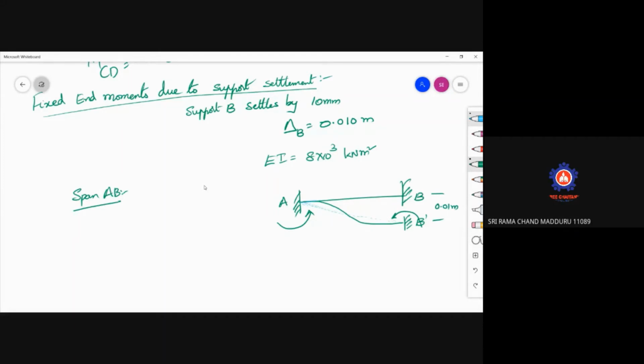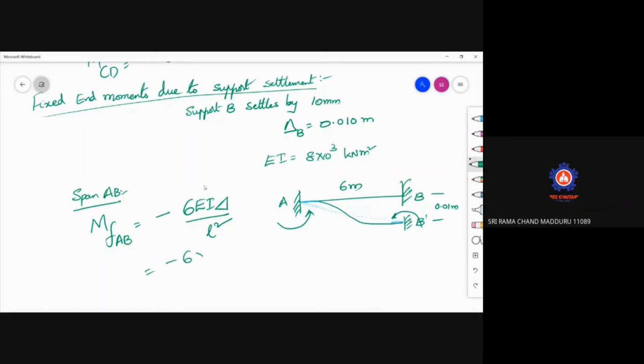So how is this happening? Due to the support reaction at this point, which is trying to make the rotation 0. Here also it is trying to go like this, but it makes the rotation 0 at this point. That's why this is the direction like this, which is anti-clockwise. So we know that anti-clockwise moments are negative. MFAB is equal to minus 6EI delta by L square. What is the length of this span here? 6 meters.